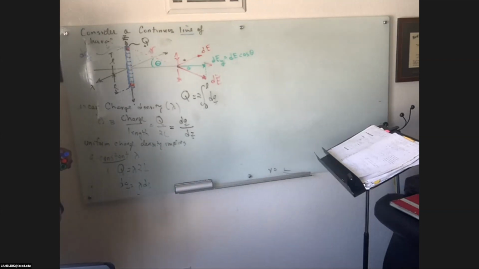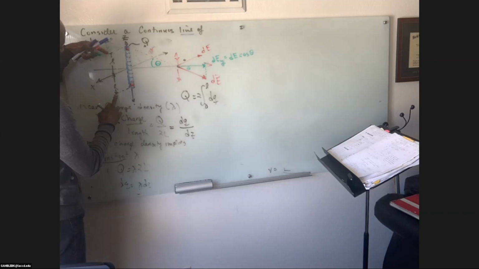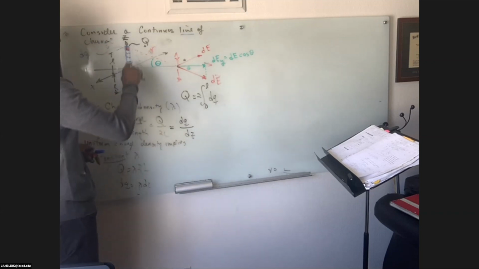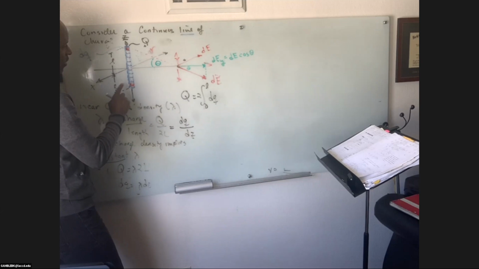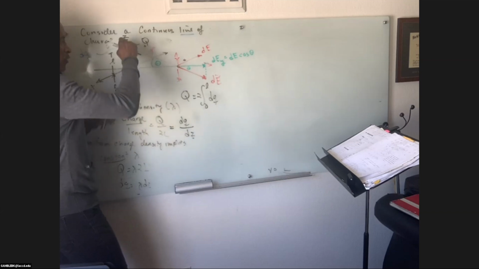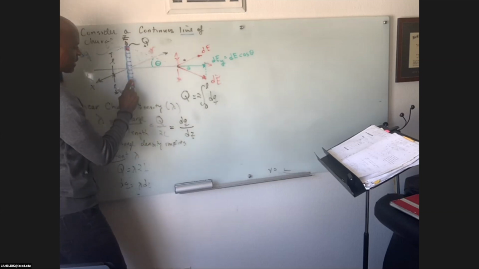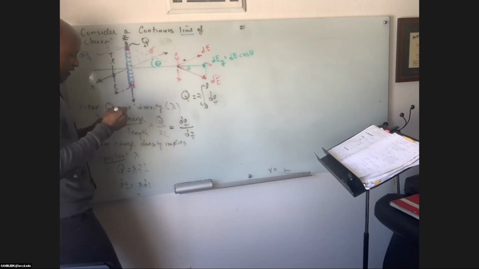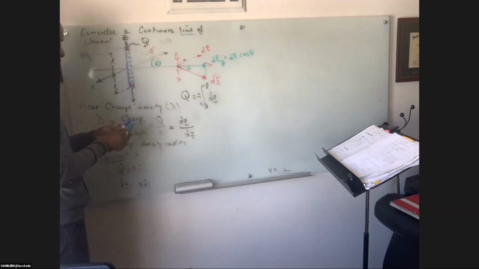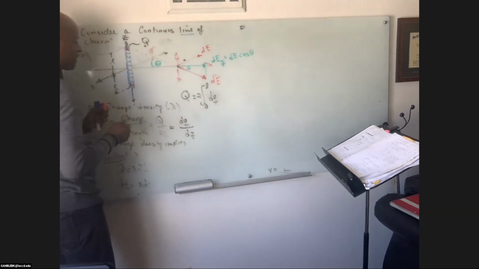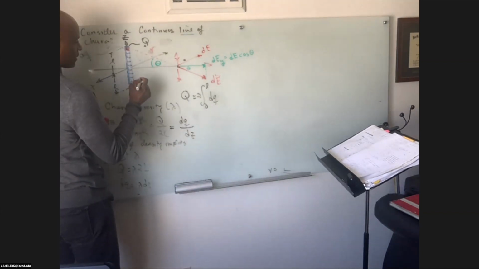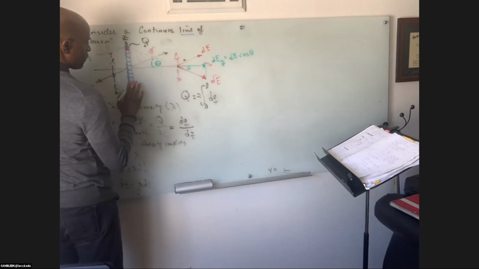The other thing I should be careful about is that, sure, my total length here is L, but I could take any arbitrary one. Let me back off this a little. I should have taken a different one because I wanted to show you that we have to be careful. In the dipole, the lengths didn't change, but in this case the z position of my differential element is a variable. Let me take a different one here.